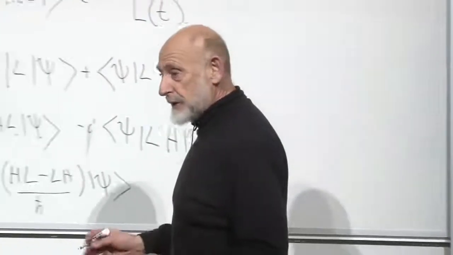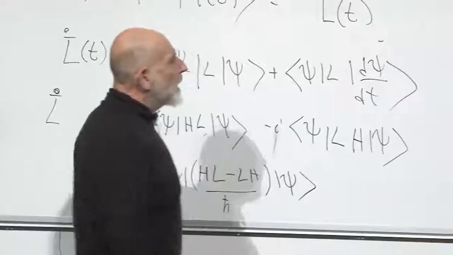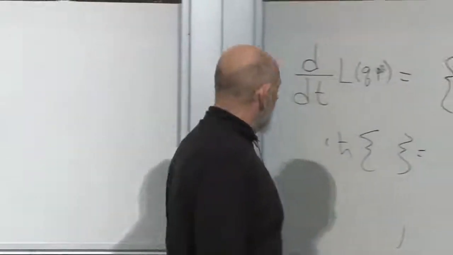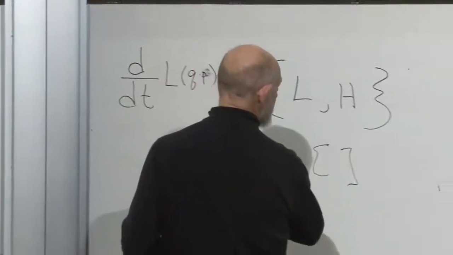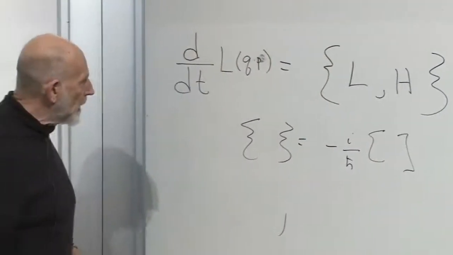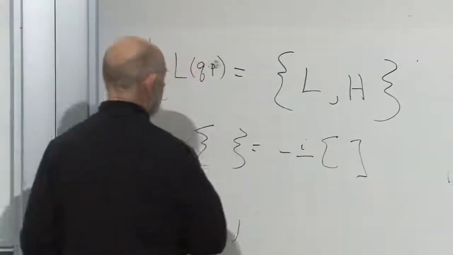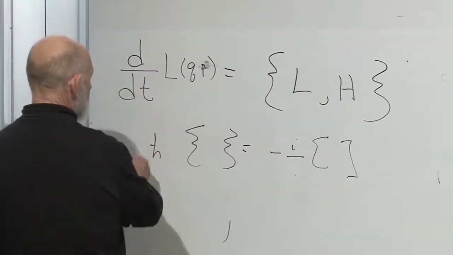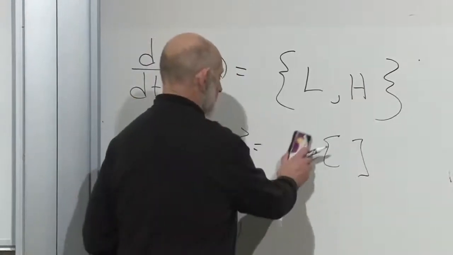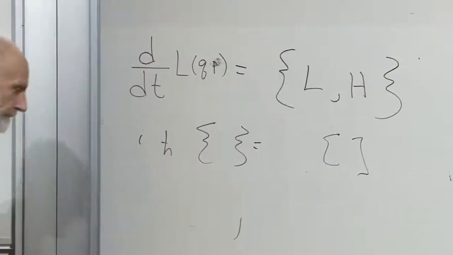A times B minus B times A is almost 0. Okay, no, I don't think so. I think we had a minus i on this side, minus i over h bar, multiply by h bar, and now multiply both sides by i, and use that minus i times plus i is 1. Yeah.